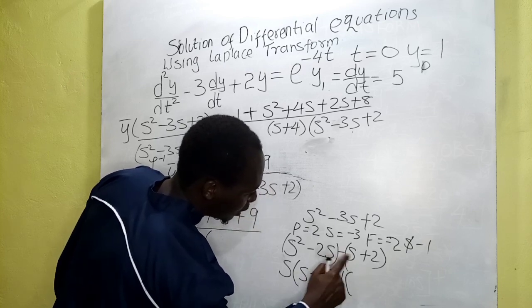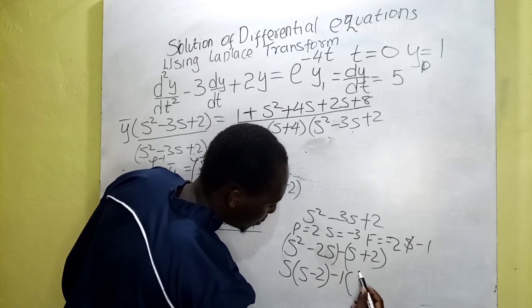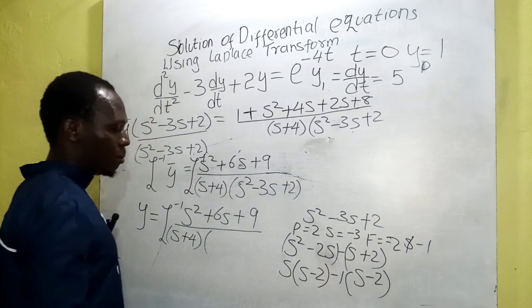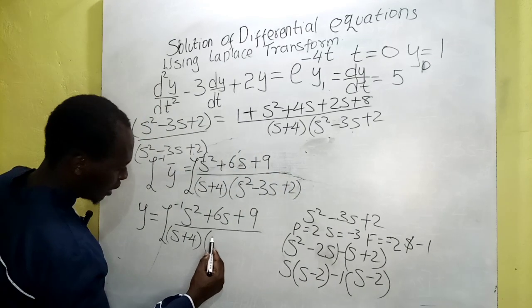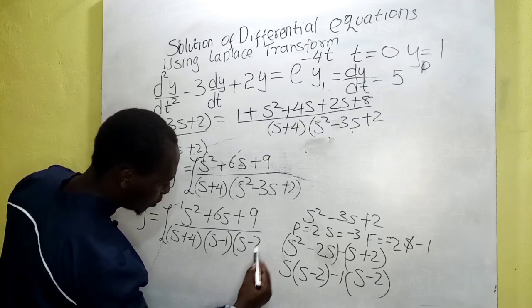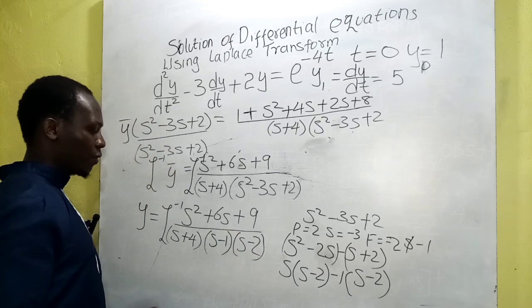The negative sign here is going to affect whatever we are having within the bracket, as we subtract 2. And now we can have a common factor of s minus 1 into s we subtract 2.